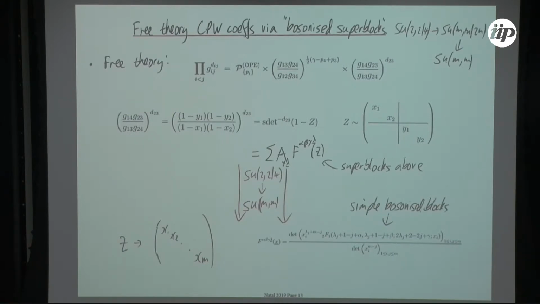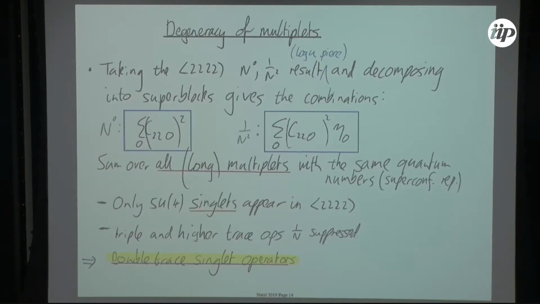On the bottom you have x minus x bar, which is also a determinant, and that just generalizes to m by m. These formulae are very straightforward to input, and then you can analyze your free theory straightforwardly like that. Okay, good. So those are the blocks.